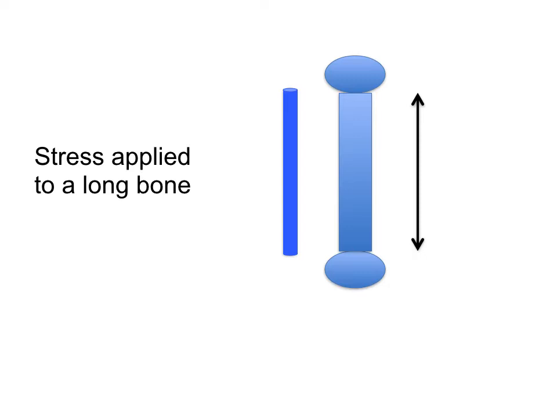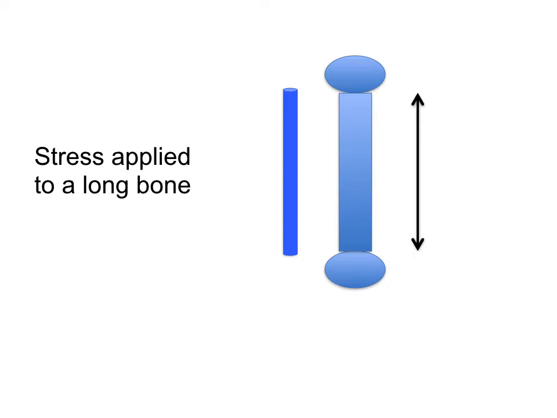However, if you apply stress coming in transversely, so coming in from the side, you're going to hit that shaft at its weakest spot because you're going to be hitting all of the osteons in their weakest direction, which is why getting a blow to the leg from the side more easily results in fracture than an increase in stress along its length.